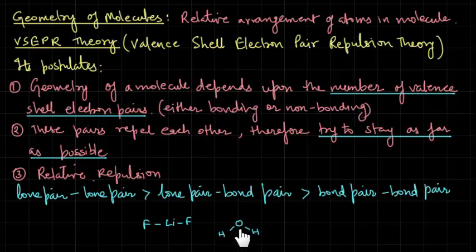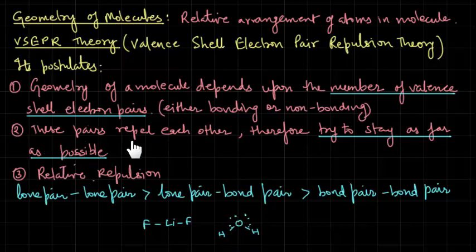For example, in the case of water, there will be one pair here, one pair on the outside, and one more pair on the outside. So it depends on the number of valence shell electron pairs. In this case, the number of valence shell electron pairs is 4.